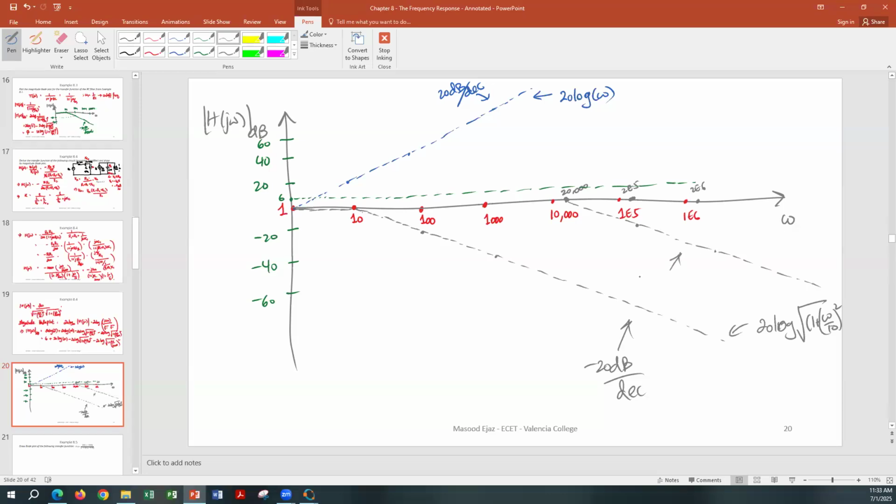You have to show the slope: this is 20 decibel per decade, and this line corresponds to 20 log 10 of the square root of 1 plus omega over 20,000 squared. Negative, negative, and negative. So these are the 4 lines corresponding to those 4 factors in this equation right here.